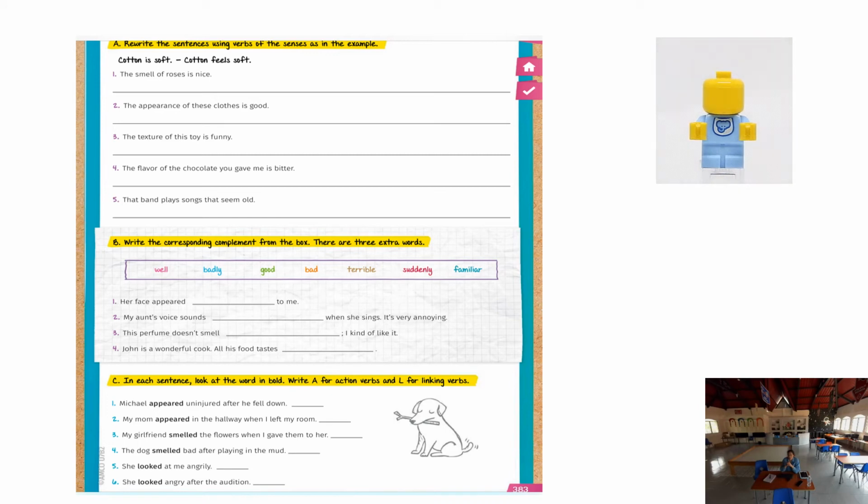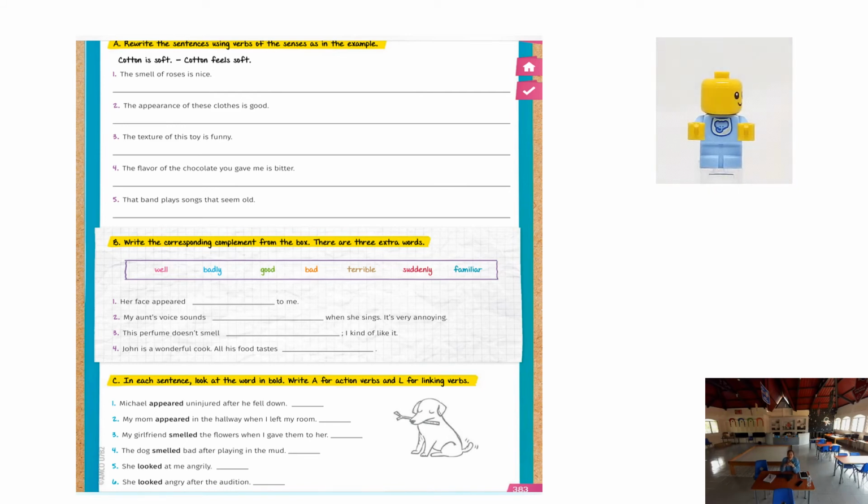These are the complements, and use them to complete the sentences. There are 3 extra, so you're not going to use all of them. You're only going to use 4. So look, her face appeared what? Familiar, suddenly, terrible, bad, good, badly, well. Choose one to complete the sentence.